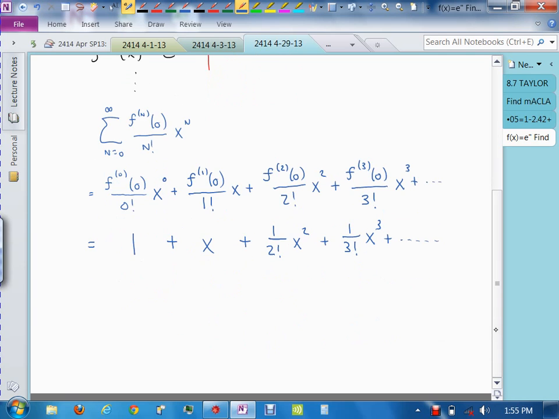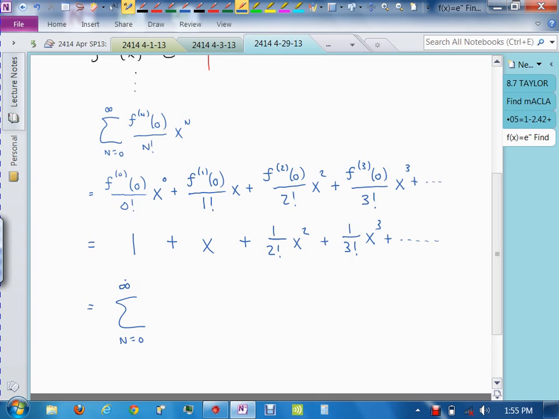And can you write that using sigma notation? You can kind of see it from right here. Look at the bottom. What is the denominator always going to be? Factorial, right? It's just 0 factorial, 1 factorial, 2 factorial, 3 factorial.